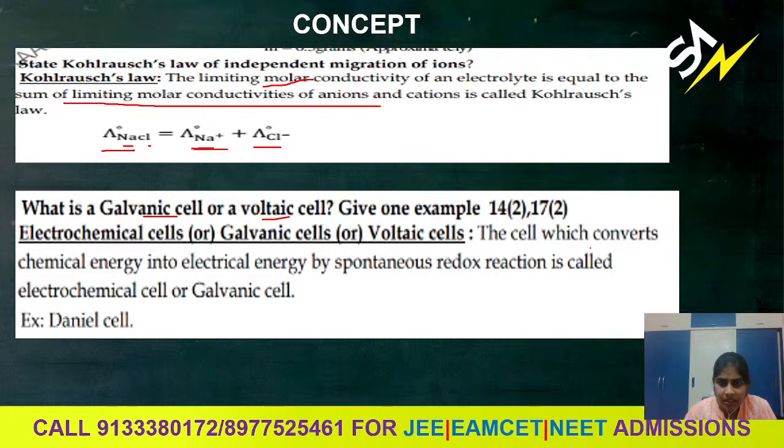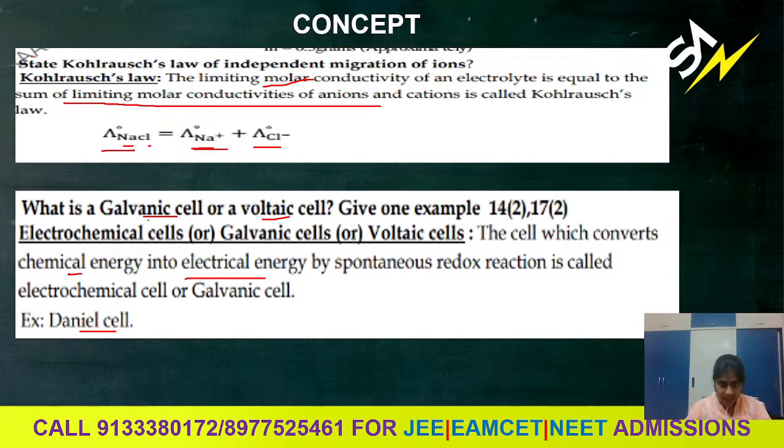The galvanic cell or voltaic cell is the cell which converts chemical energy into electrical energy by a spontaneous redox reaction. An example is the Daniell cell.